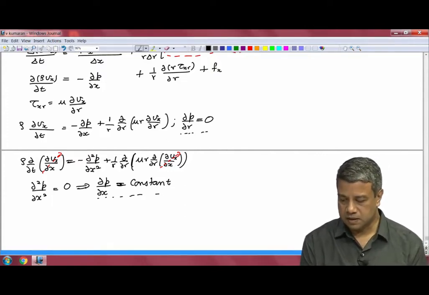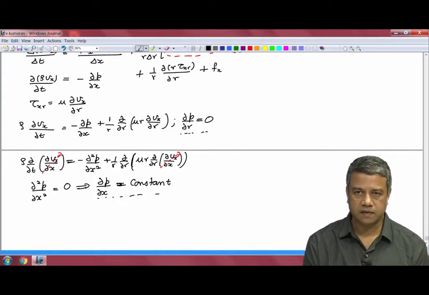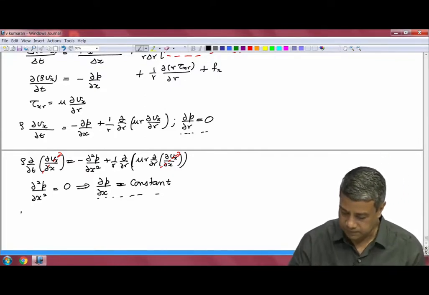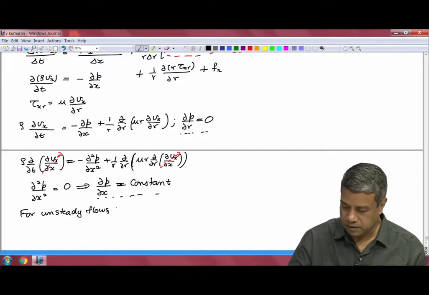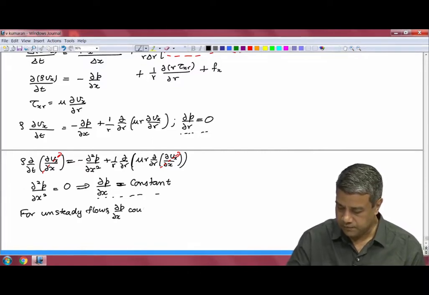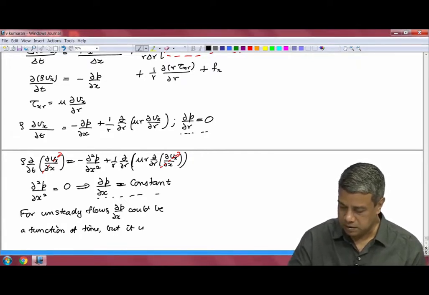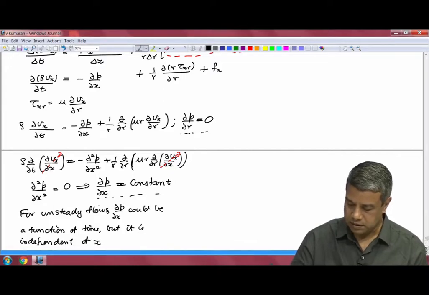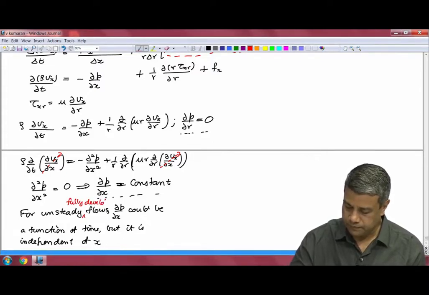When I say a constant, dP by dx is a constant, but if the pressure was a function of time, dP by dx could be a function of time, but it is independent of position, for unsteady fully developed flows.